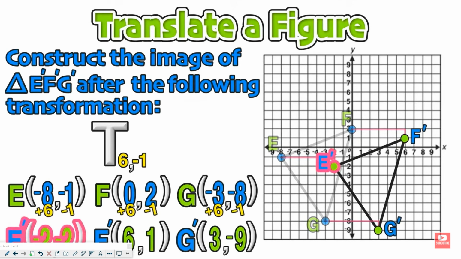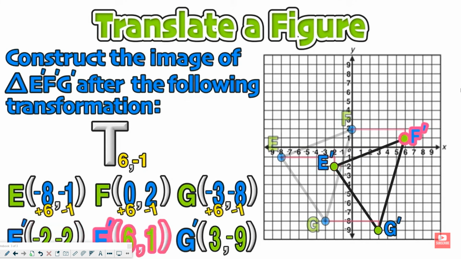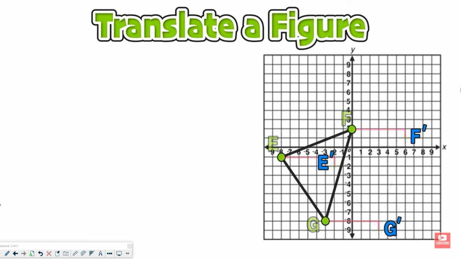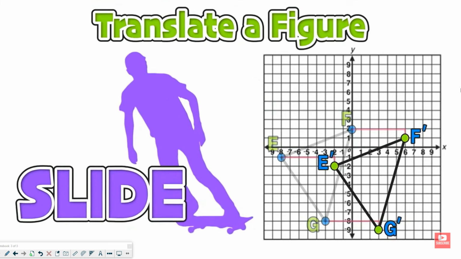And we can see that our points, E prime at (-2, -2), F prime at (6, 1), and G prime at (3, -9), all correspond. And we can take one last look at that figure, taking a slide across the coordinate plane.